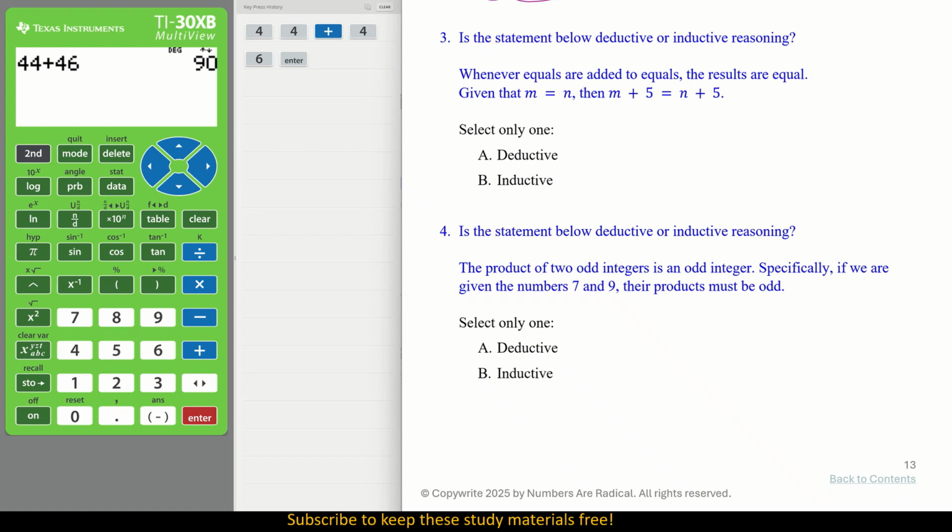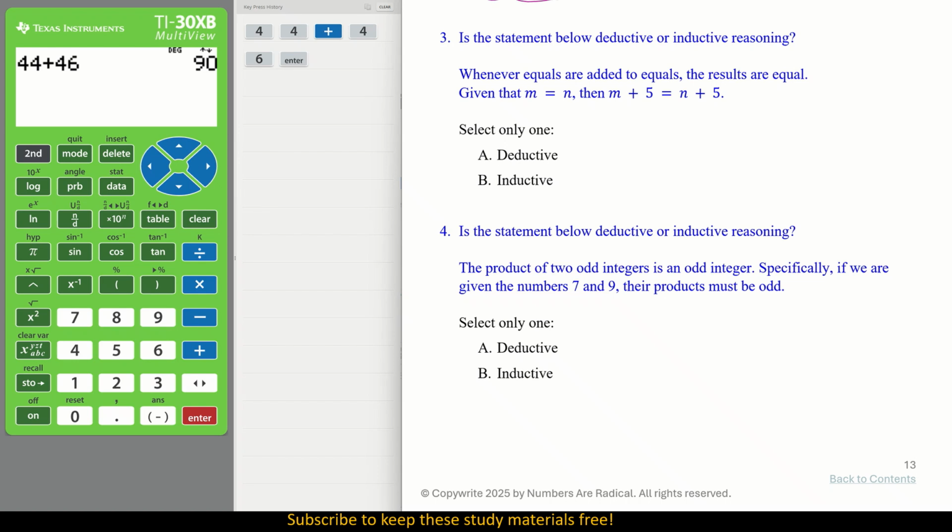Is the statement below deductive or inductive reasoning? Whenever equals are added to equals, the results are equal. That is a huge generalization. And then they have given that M equals M. Those are general.